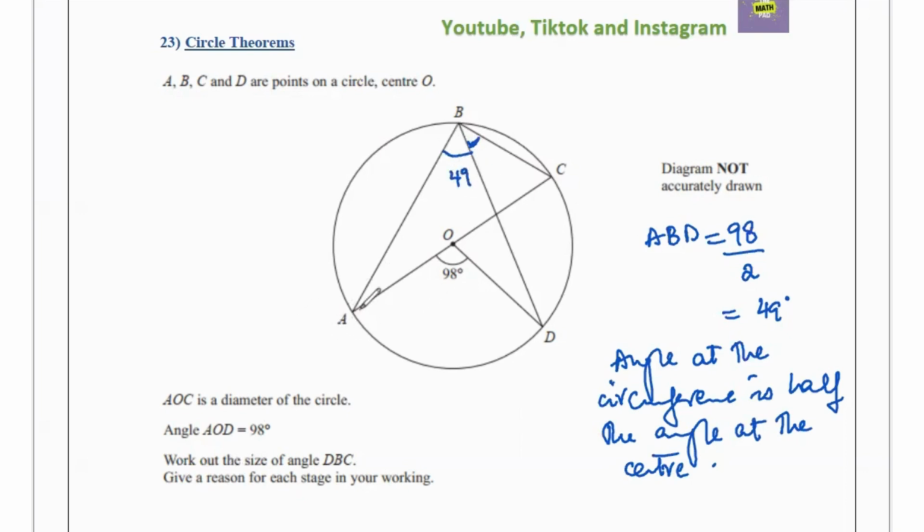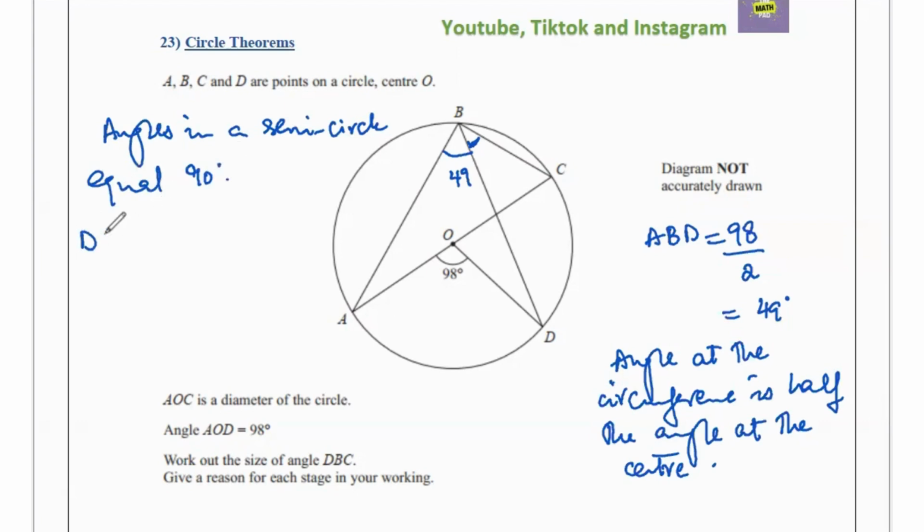Now, since AOC is the diameter, angle ABC is going to be 90 degrees, because angles in a semicircle equal 90 degrees.